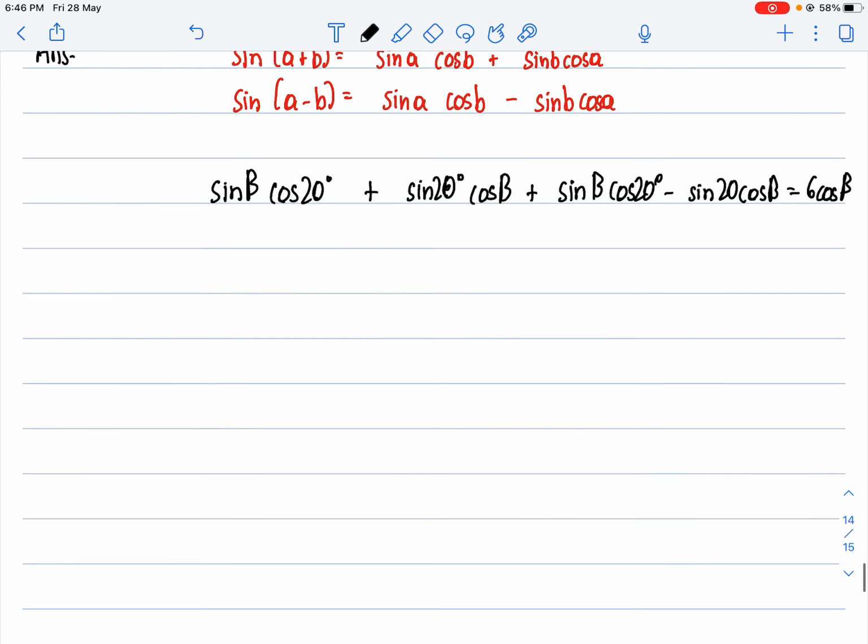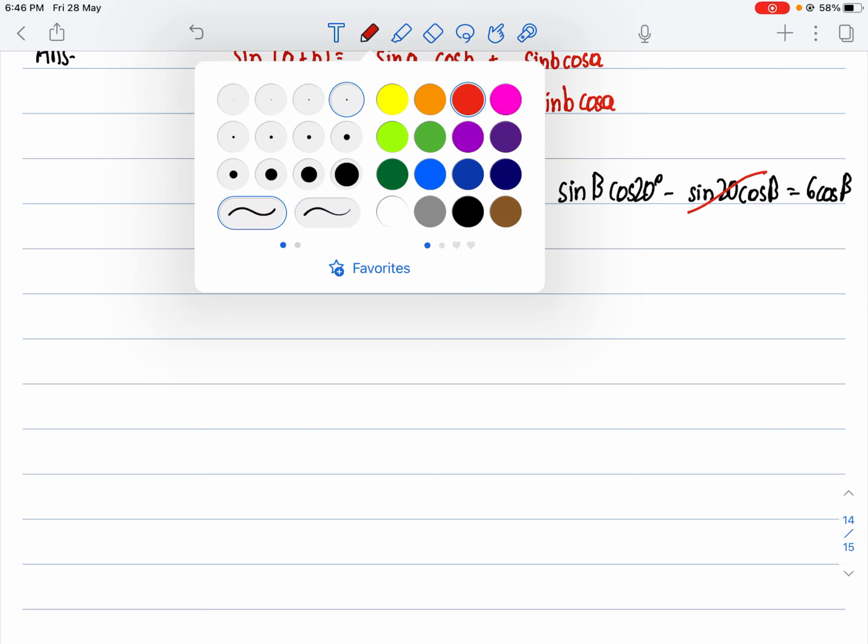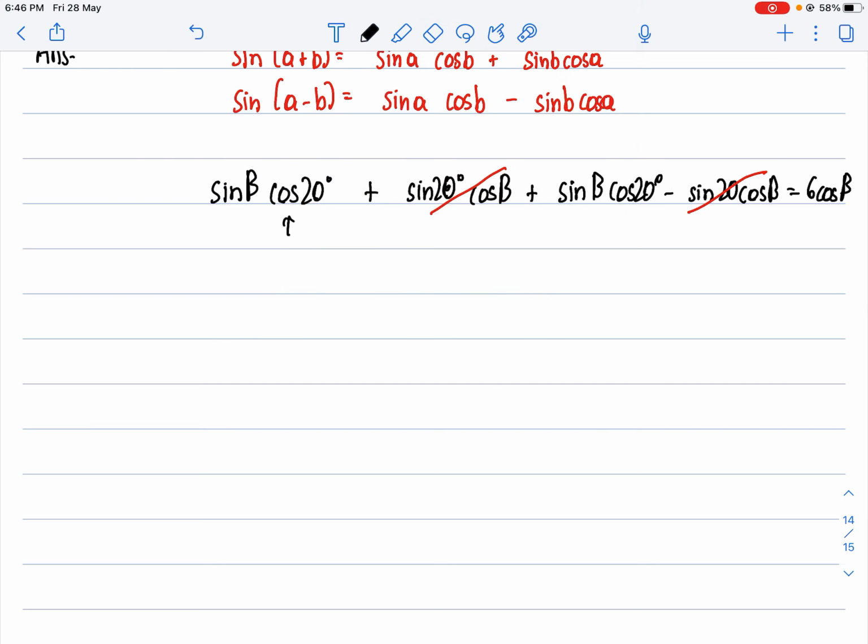Agreed? Now I can cancel off both of these, correct? And when I add this and this, I get 2 sine beta cos 20 degrees, which is equal to 6 cos beta.